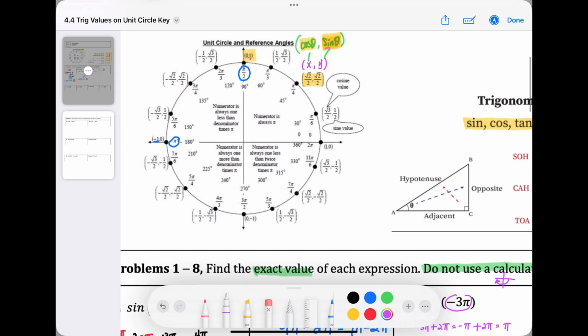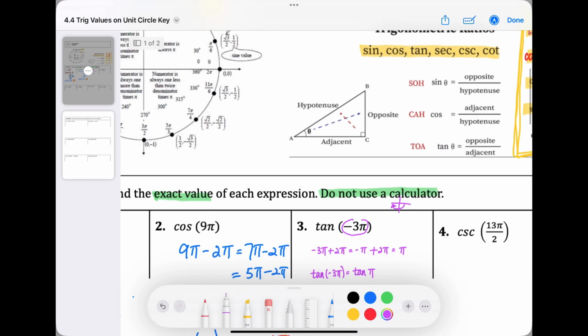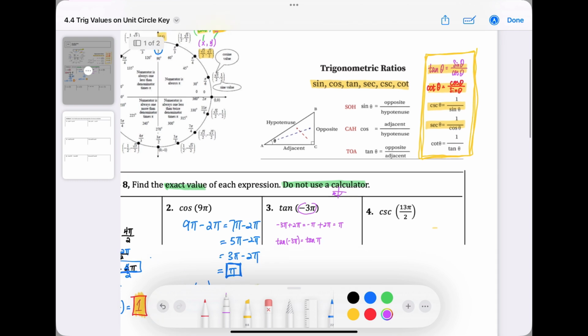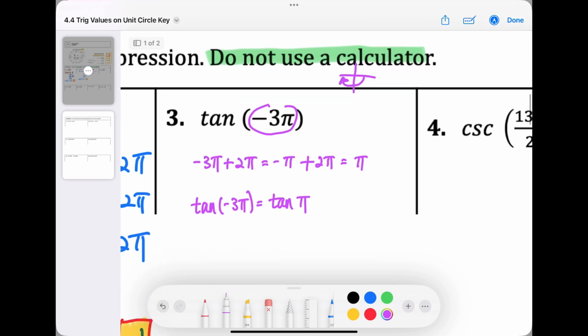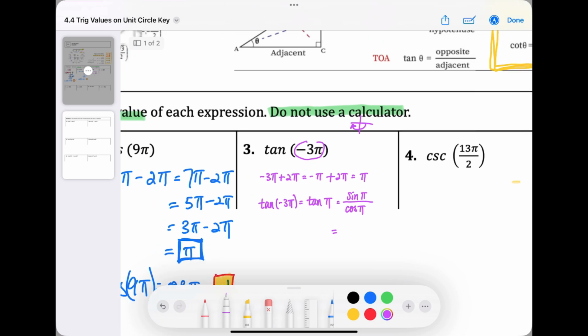Now, what you see is what you got. Do you see the location of pi right here? That's it. Now, remember the note we talked about: tangent is equal to sine over cosine. So I can convert that to the quotient, which will be sine of pi over cosine of pi.